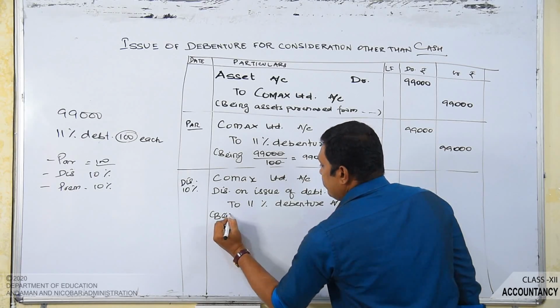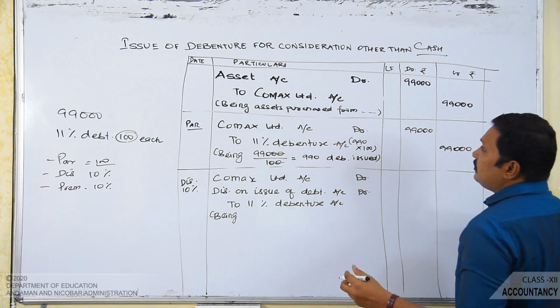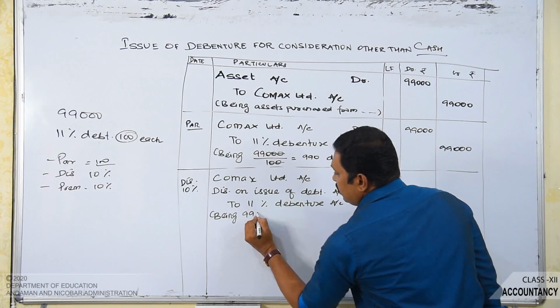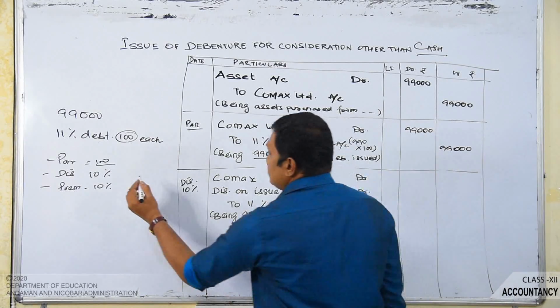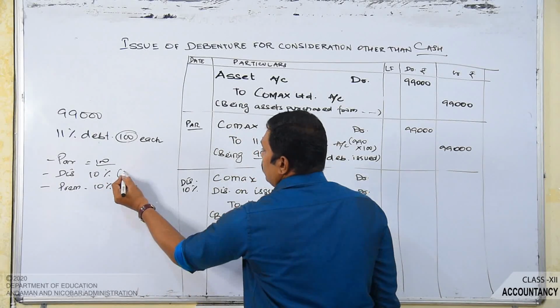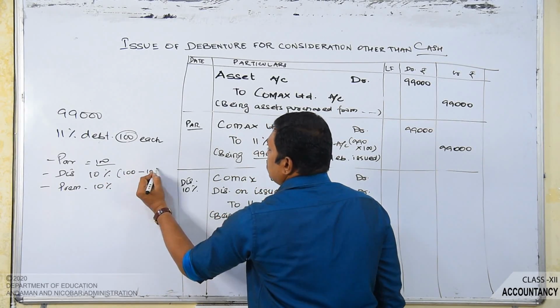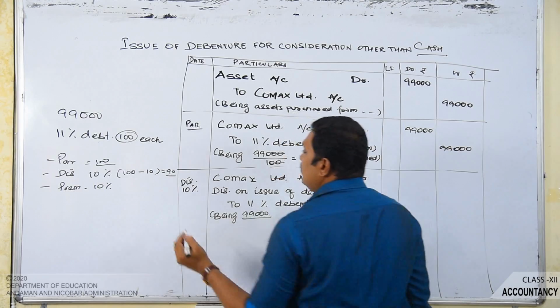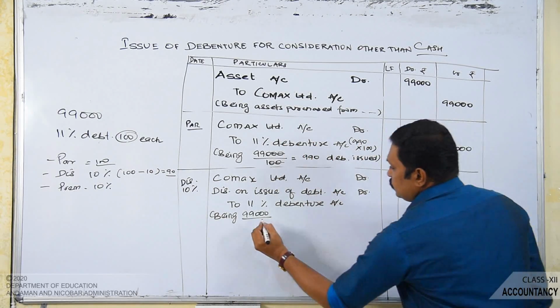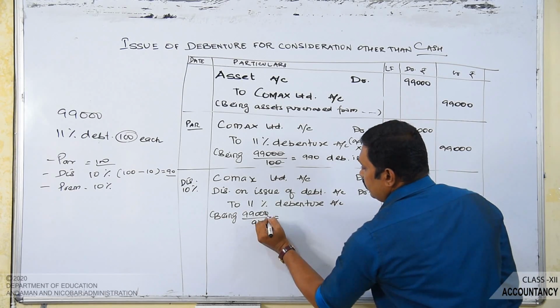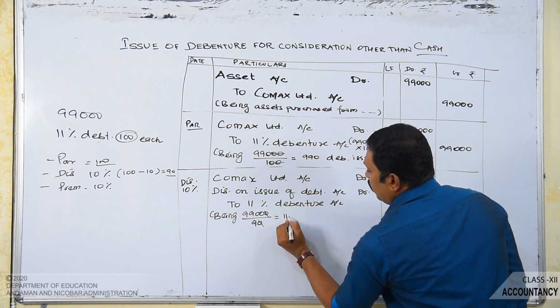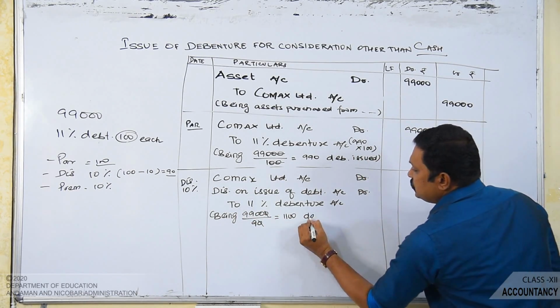So being, what is the price of the asset? 99,000 is the price. What is the issue price? The issue price is at 10% discount. The face value is 100, they are issuing at 10% discount. So the issue price is now only 90. So if you divide this one, 1,100 debentures issued.